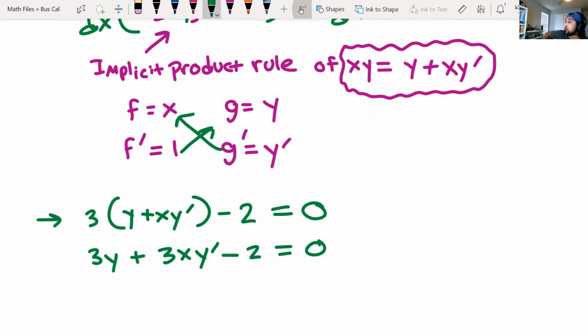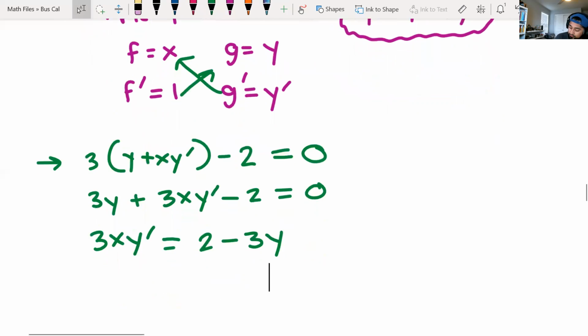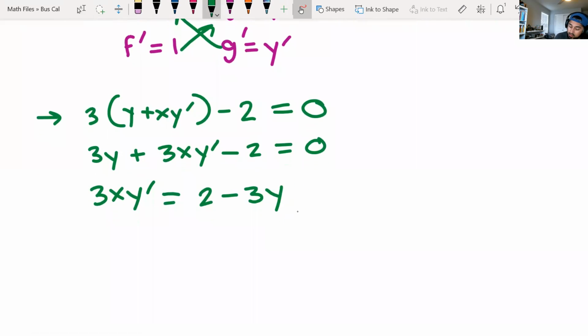Now move everything over that doesn't have a prime, which means the 3y and the 2 are going over to the right side. So we'll be left with 3xy prime equal to, what's going to be? I'll say 2 minus 3y, or negative 3y plus 2. And now all you have to do is divide by 3x.